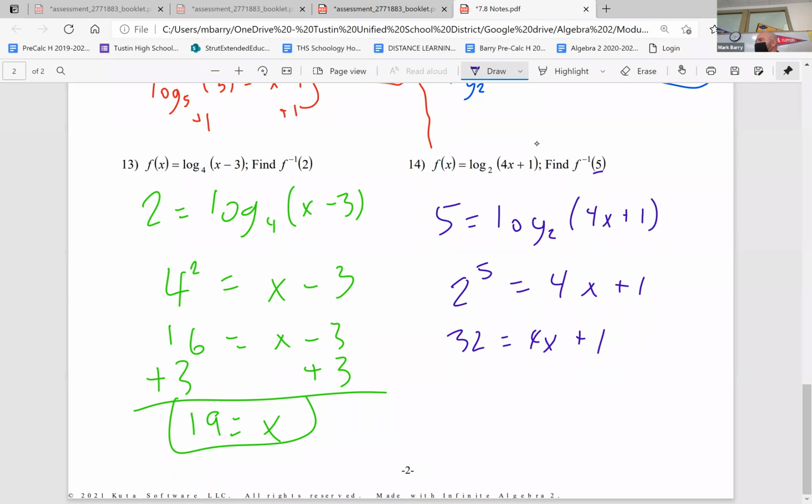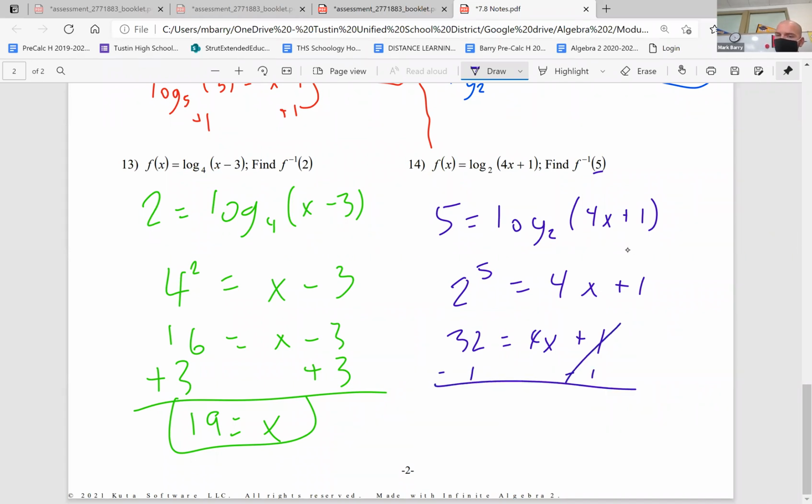Mr. Barry has his powers of 2 memorized though. 2, 4, 8, 16, 32, 64, 128, 256, 512, 1024, 2048. So, you guys remember that iPhone game 2048? That's all the powers of 2. Boom. All right, let's finish solving this.